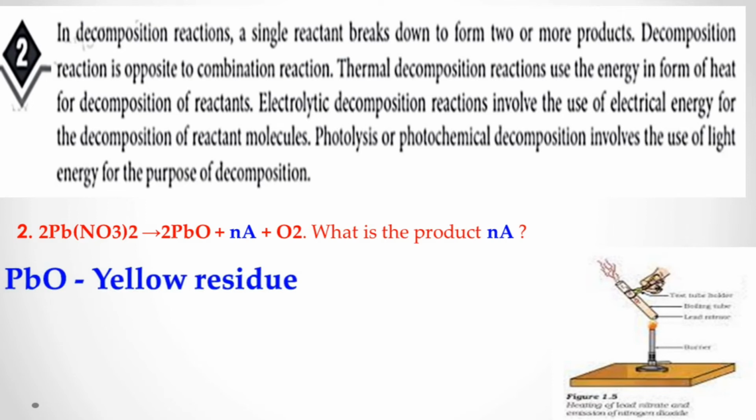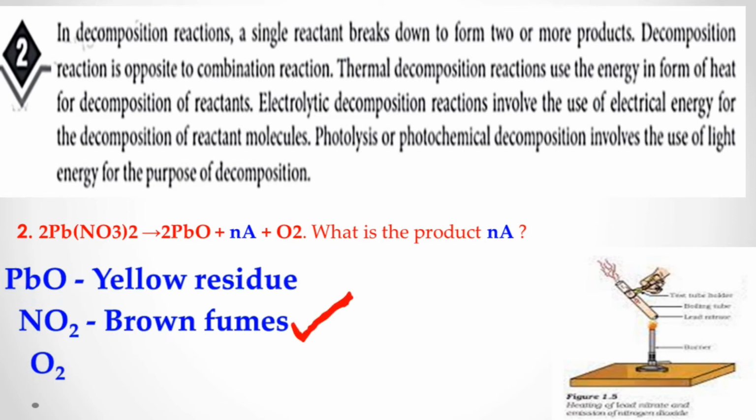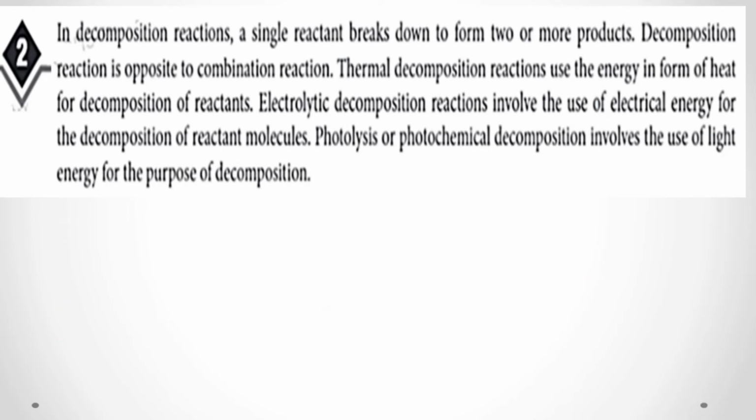We know that lead nitrate decomposes and forms 3 products: lead oxide, which is a yellow residue, nitrogen dioxide coming out as brown fumes, and the third product, oxygen. So here the second product, that is A, will be nitrogen dioxide, and the number of molecules of nitrogen dioxide will be 4. So the answer is 4 nitrogen dioxide.